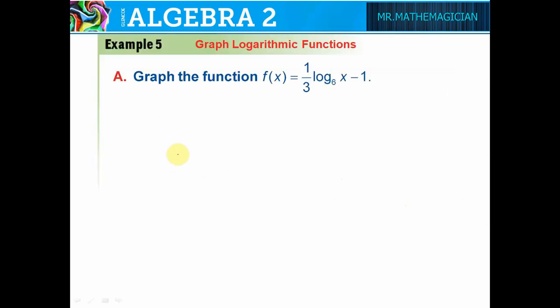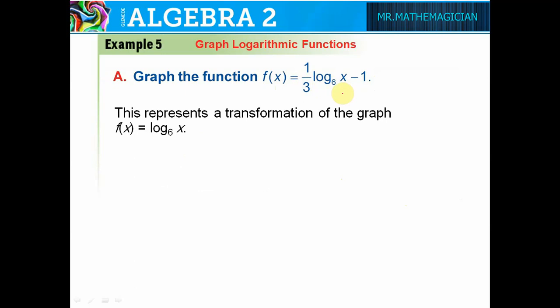Example: graph the function f of x equals a third log x to the base 6 minus 1. This represents a transformation of the graph of the original function f of x equals log x to the base 6, without the third and without the negative 1. This is the original parent function, and we know how to graph this function.